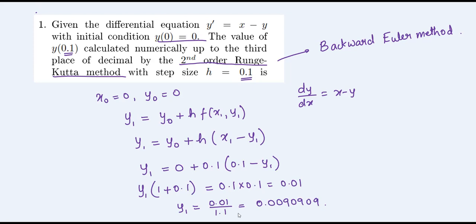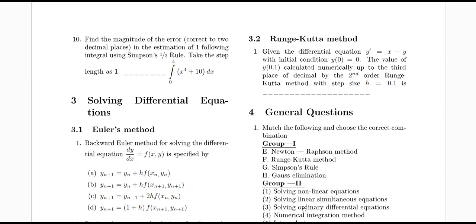If it is asked to the third decimal place, the answer is 0.009. Okay. Now let us look at the general questions.